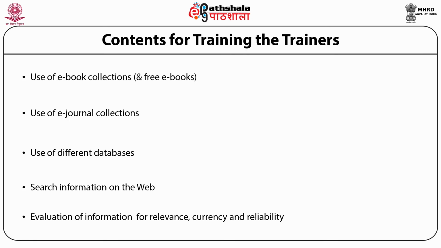As an information professional, you need to understand which information is relevant and should be used, and which is not. If they understand, they can easily train their users to make efficient and effective use of information available either in the public or in the paid domains.